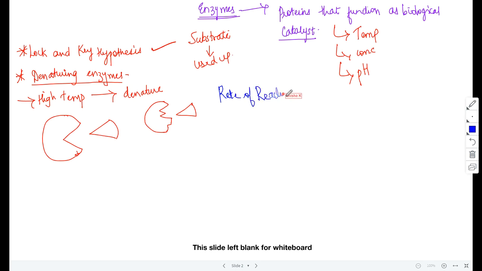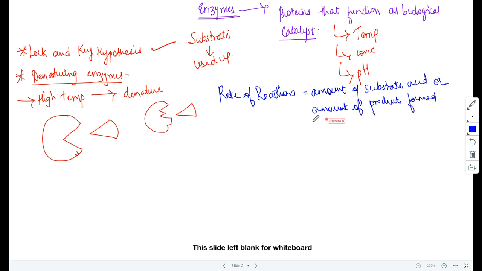rate of reaction is equal to the amount of substrate used or amount of product formed divided by the time taken.